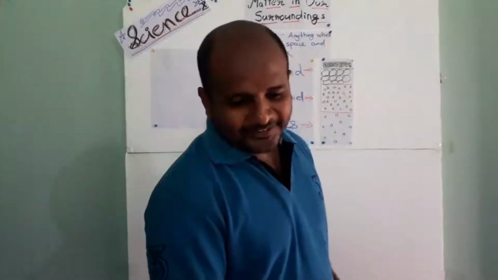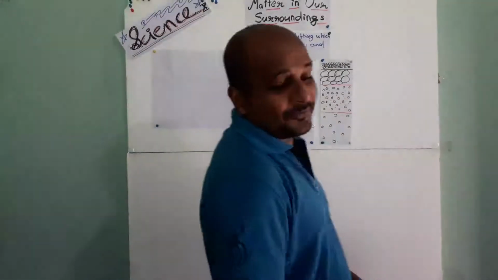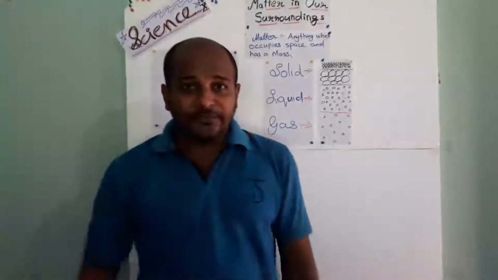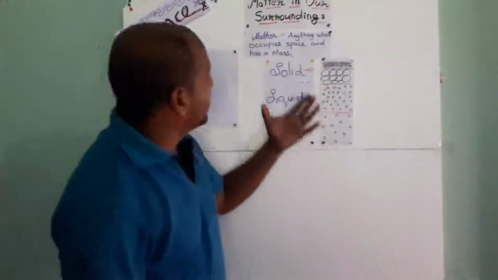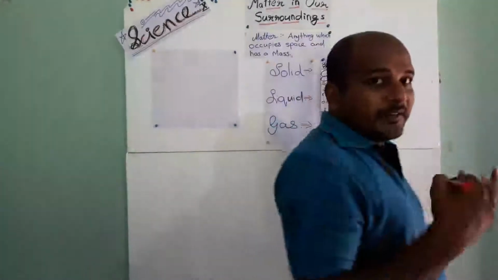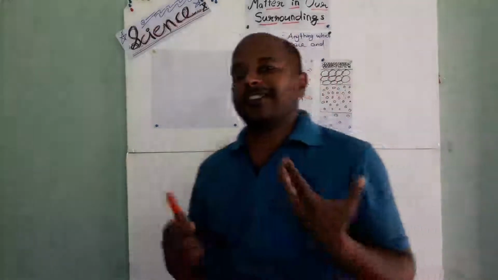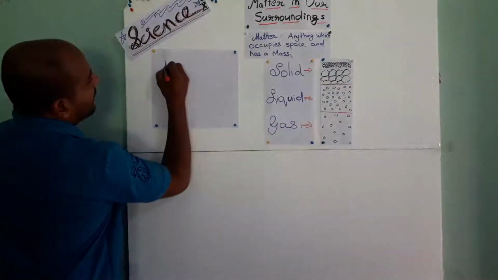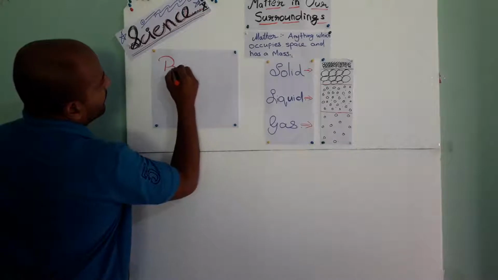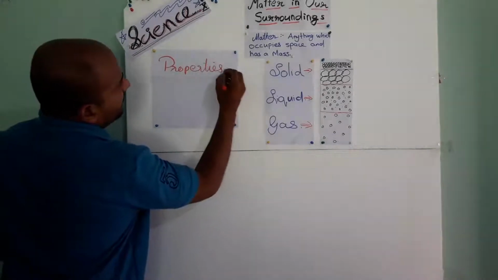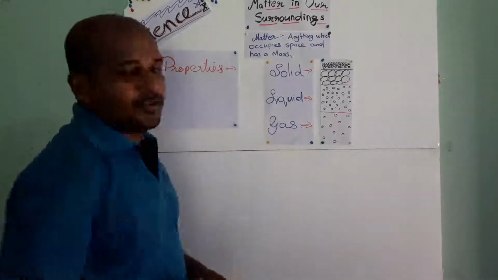So these are the 5 different physical properties of matter. Then we can briefly move to the 3 states of matter: solid, liquid and gas. And what properties do they exhibit? So now we are going to study the properties of the first one, solid.